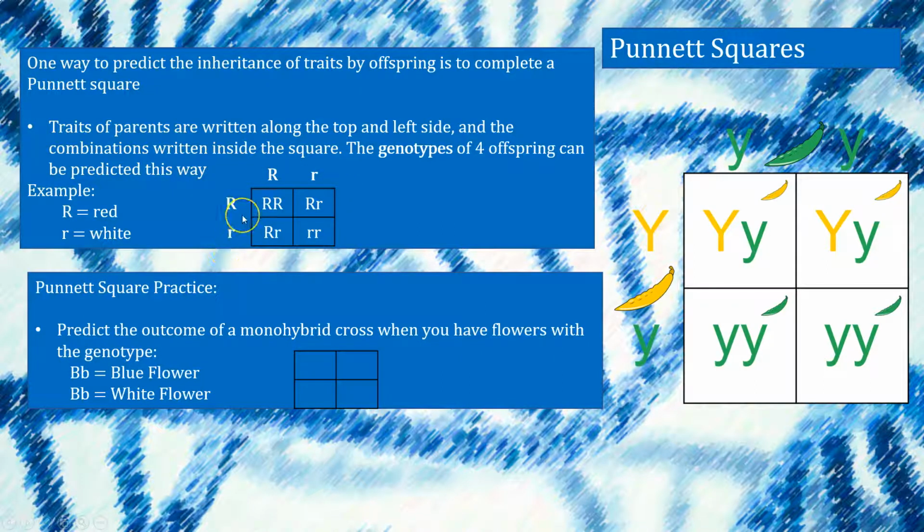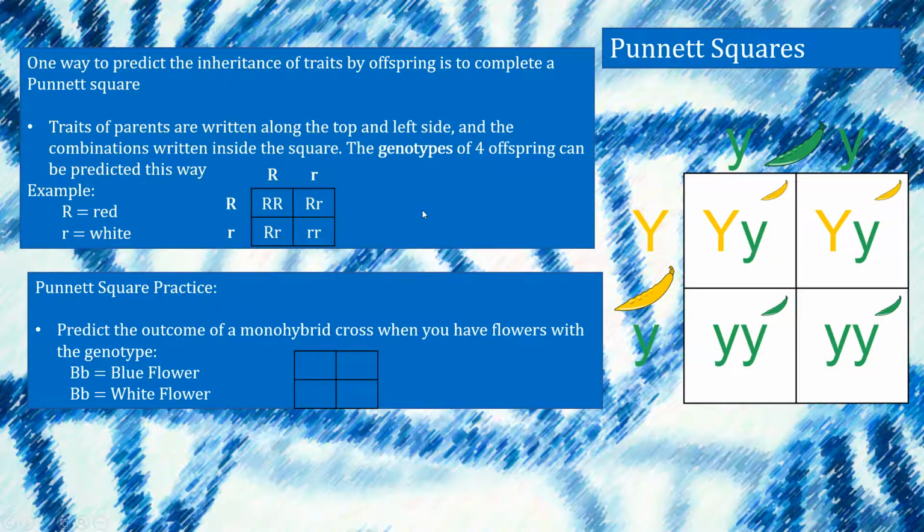They're both red, but they both carry the allele for a white flower. So then we cross them. We write 2 capital R's in here, a capital R and a lowercase r in here, a capital R and a lowercase r in here, and in here we get 2 little r's.